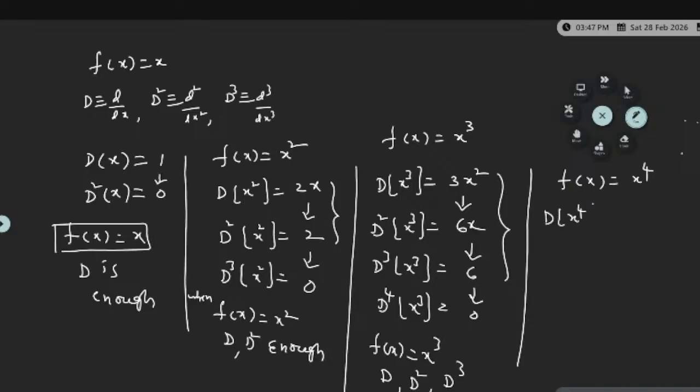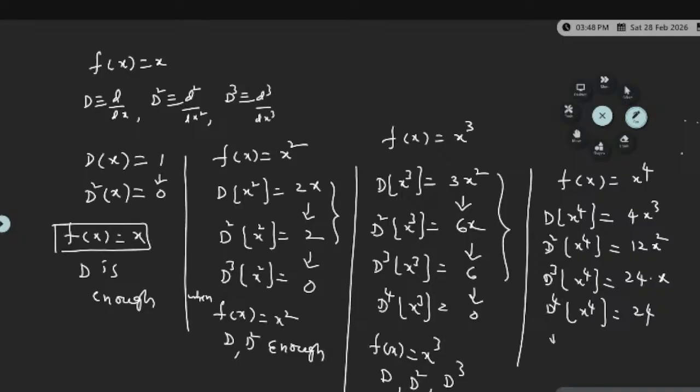Now, if the function is x power 4, what is the first differentiation of x power 4? 4x cube. Second differentiation? 3 4s are 12, into x square. Third derivative: 12 2s are 24, into x. Fourth derivative: 24. Fifth derivative: 0. That means what do we require?